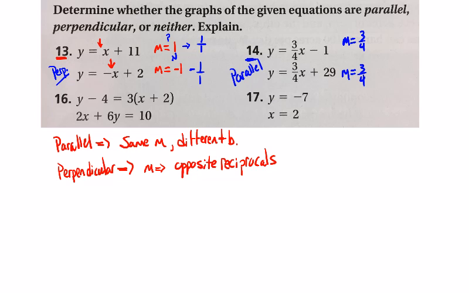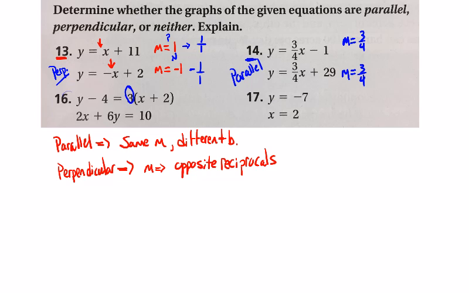Number 16 requires a little bit of work because none of these equations are in... Actually, it doesn't require as much work. You would think here that we have to work on both of these equations to get them in slope-intercept form, but we don't really need to do that. All we need to do is find the slope of the second equation. I already know the slope of the first equation.